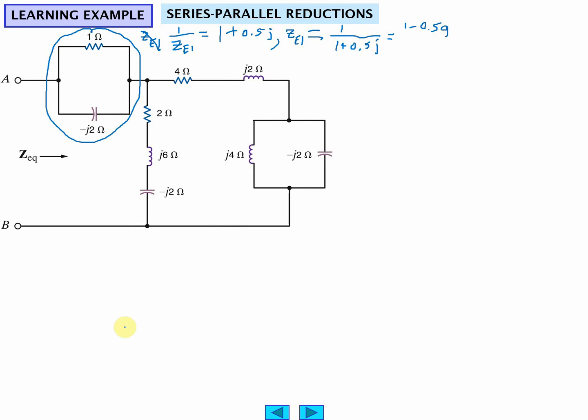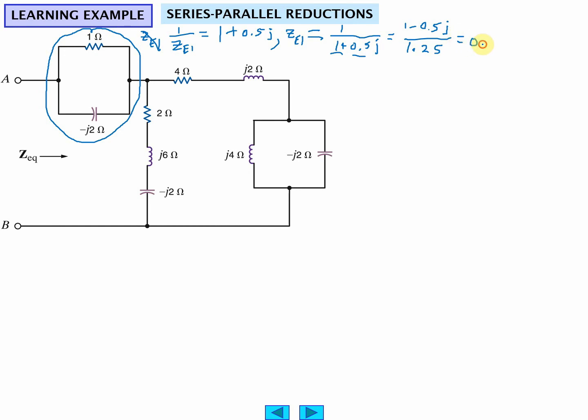Oops, not G, J. A number times its complex conjugate is just the real part squared plus the imaginary part squared, which is 1.25.